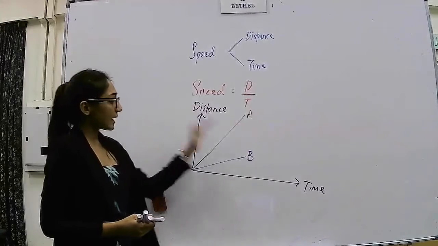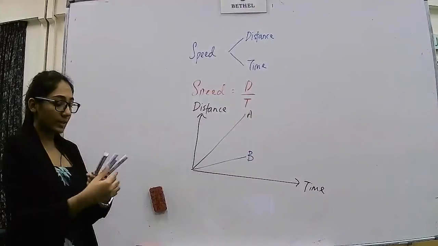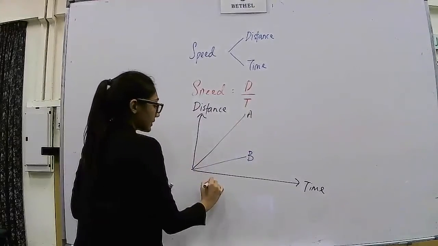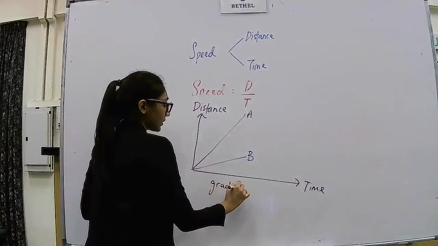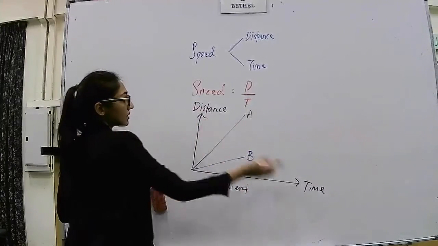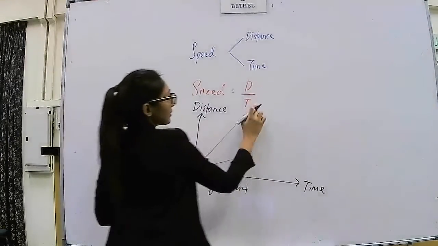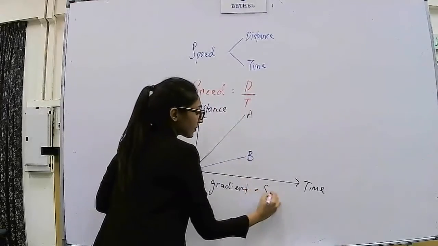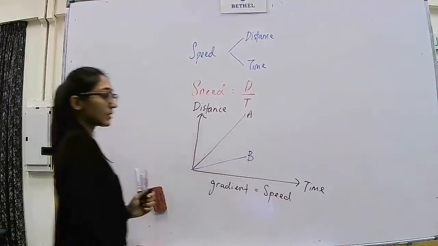When I divide the y-axis value by the x-axis value, I get the gradient of the graph. In this case, when I take distance divided by time, I get speed, which means the gradient is the speed.